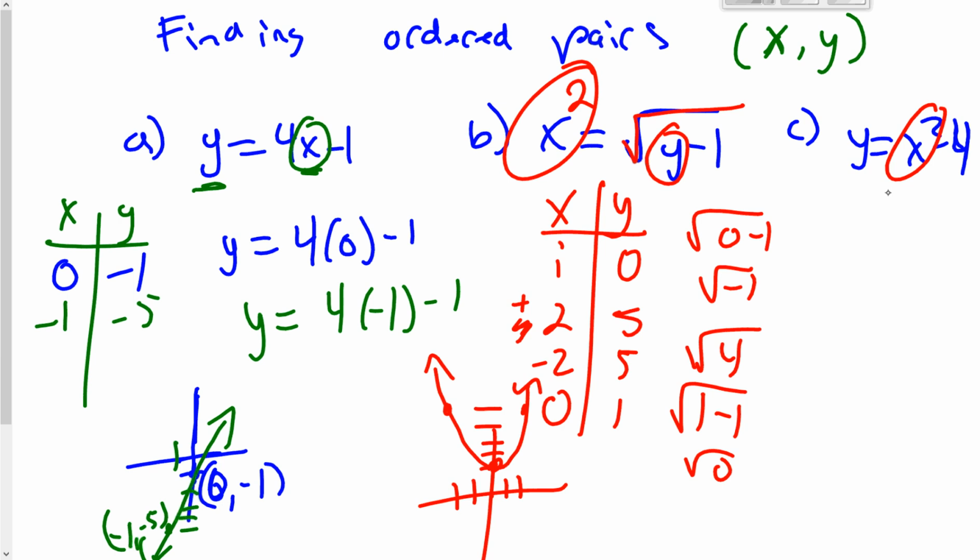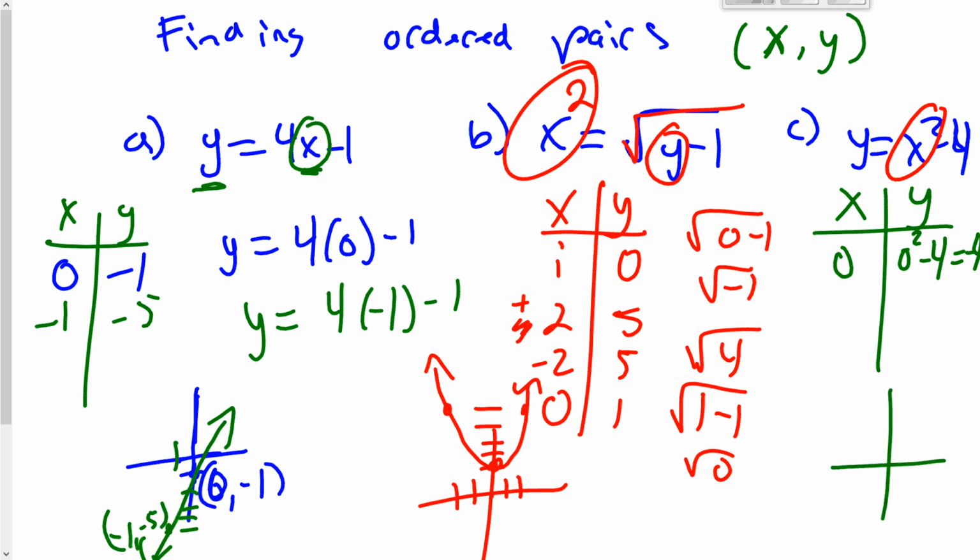Same with this last one. It's an x squared, it's a quadratic. So here again, you could just pick any x that you want to because it's solved for y, right? So pick any x. How about 0? 0 squared is 0. 0 minus 4 is negative 4. So there's my y, negative 4. So I could graph it over 0, down negative 4. Right? And then I could do 1, because 1 squared is 1. 1 minus 4 is negative 3.